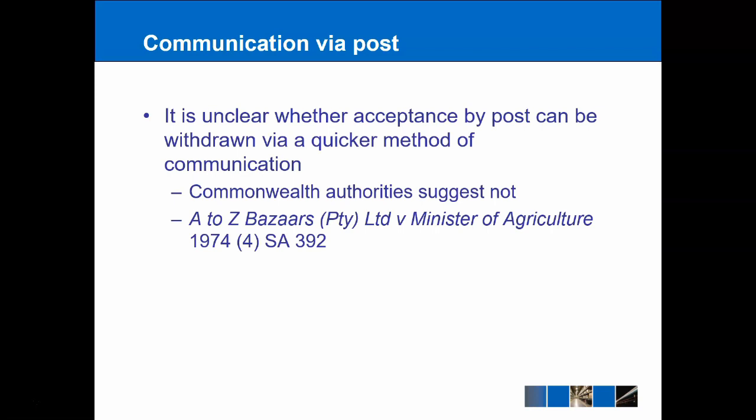I actually don't mean that, and so I would appreciate it if you just ignore that letter completely. The problem is that this basically allows me to have my cake and eat it, because I can accept the offer and also revoke my acceptance after the fact. And so a lot of Commonwealth authorities have suggested that I can't do this, and so the postal rule applies strictly. As soon as I have posted that letter, it is an acceptance and there is a contract formed between the two parties.